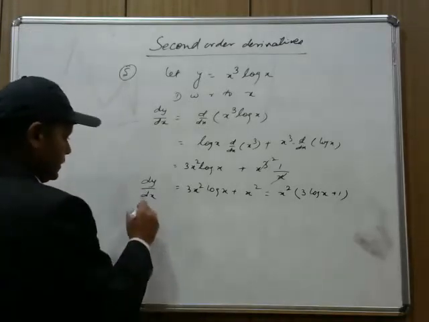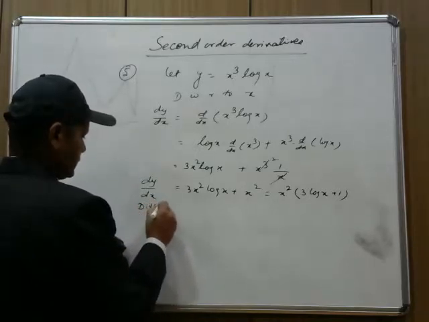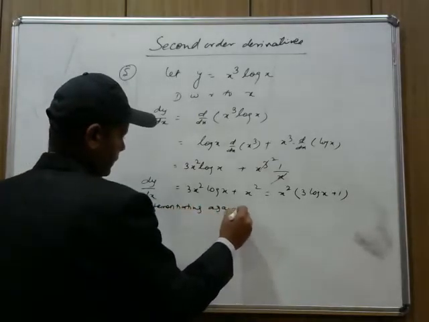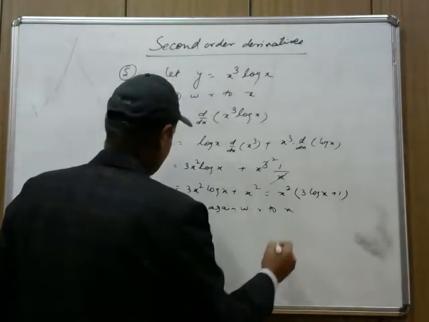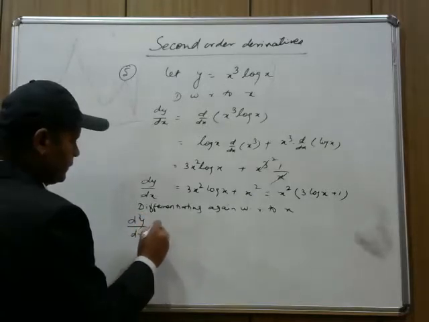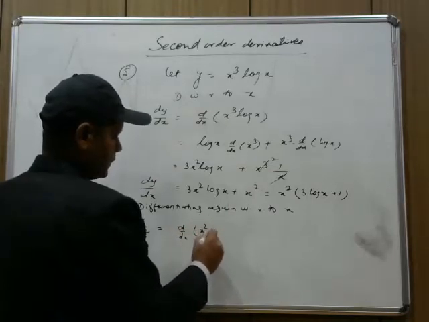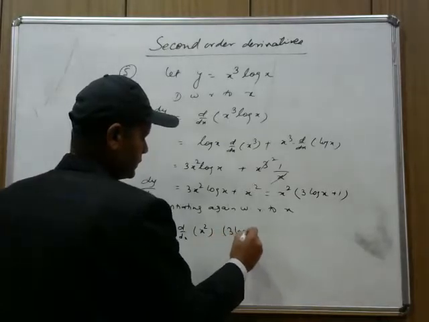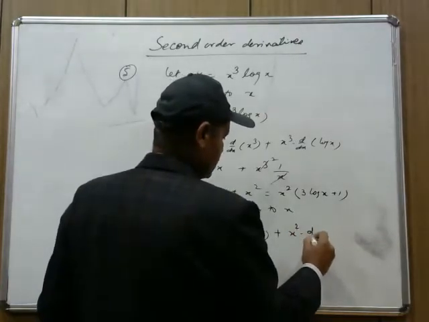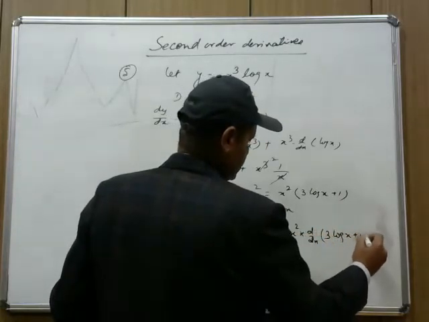So now differentiating again with respect to x, both the sides, d2y by dx square is equal to differentiation of x square into 3 log x plus 1 as it is, plus x square into differentiation of 3 log x plus 1.